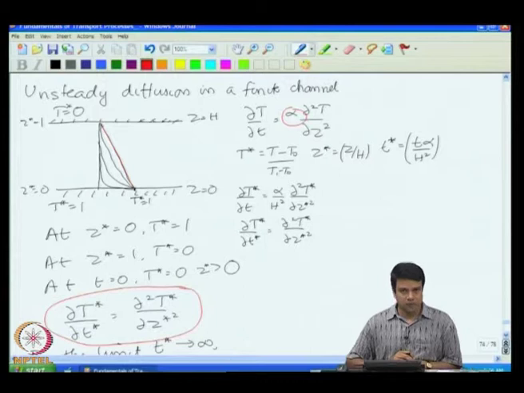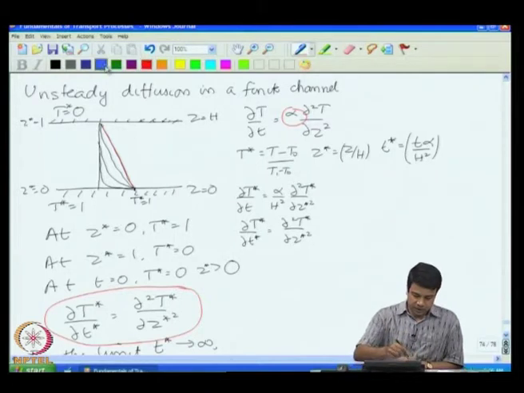The entire fluid was at t star equal to 0 at time t equal to 0, and at t equal to 0 I instantaneously switched the temperature at the bottom from 0 to 1, and then I look at how the temperature field evolves as a function of time. So, that was the problem to solve for the unsteady evolution of temperature within this channel.